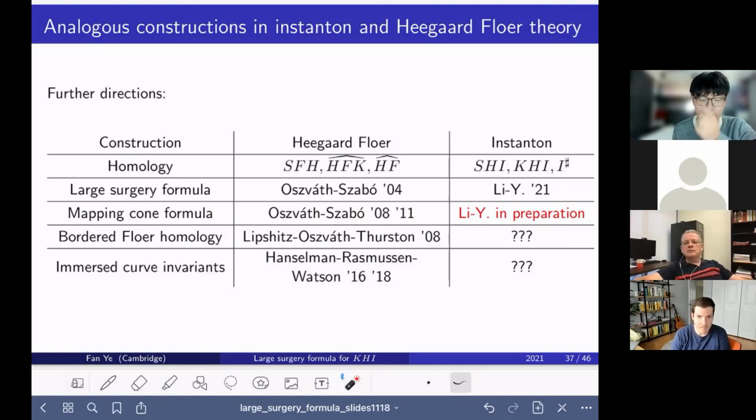Because the differentials are not easy to compute, we need to assume some special case. For example, there's the Floer simple case, which means there's no differentials, and then it will be easier to use the mapping cone formula to compute instanton Floer homology.